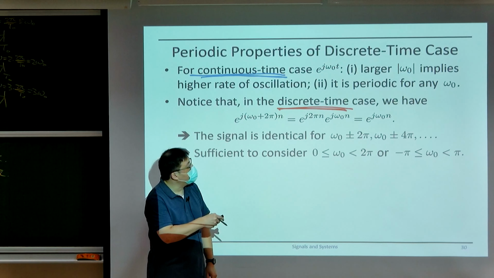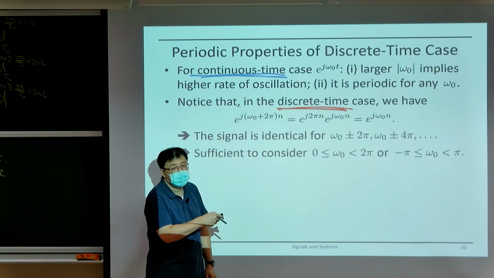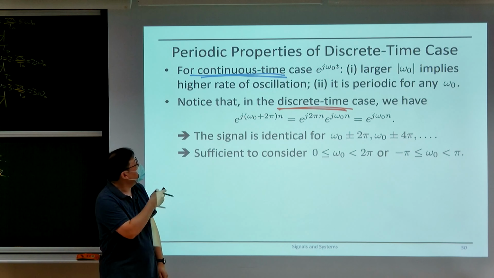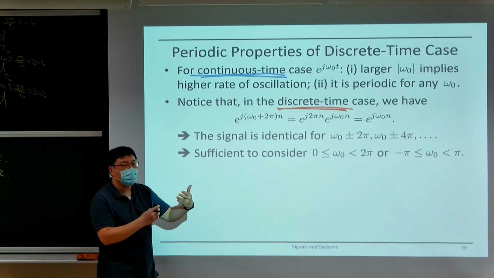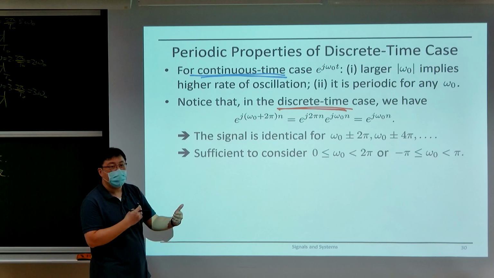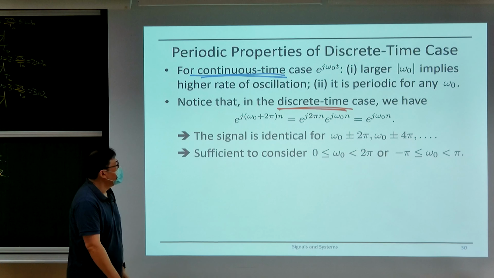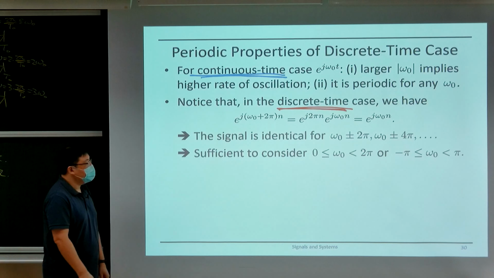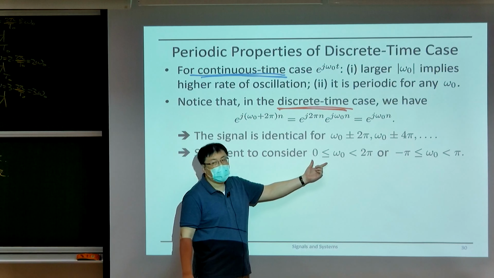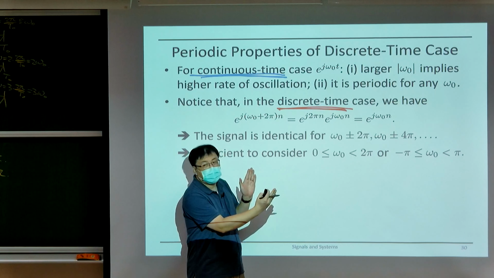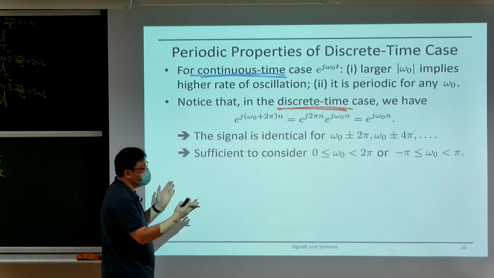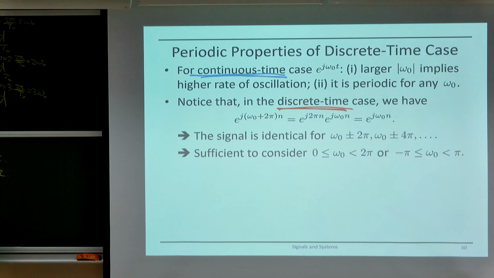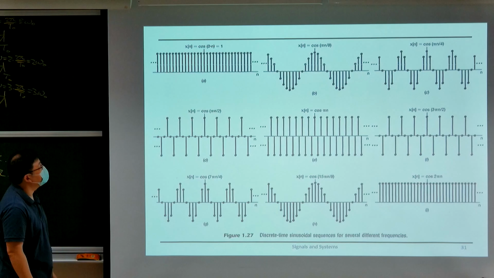So increasing omega naught in the discrete time case does not always continue to increase the rate of oscillation, because eventually when you increase up to 2 pi, you repeat the behavior again. Therefore, it's sufficient to specify what happens in a frequency range of 2 pi, either 0 to 2 pi or minus pi to pi, which are ranges we often use. To illustrate this fact, we can look at this example on the next slide.